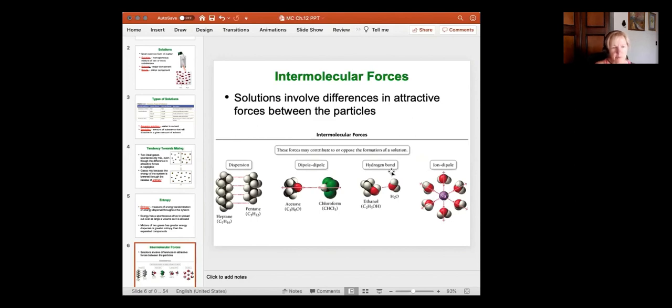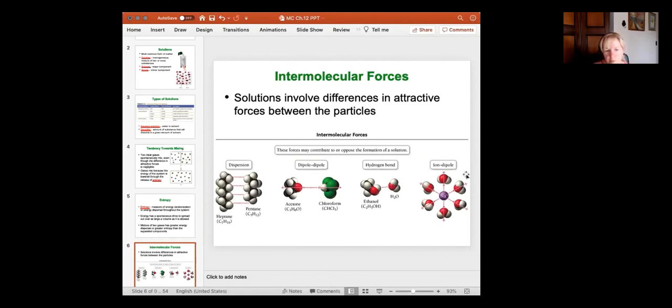Hydrogen bonding is a specific type of dipole-dipole that's kind of misnamed because it's not a bond. It's still an intermolecular force, but it happens between molecules where hydrogen is bound to a highly electronegative element: oxygen, nitrogen, or fluorine. Then you have this association between the hydrogen in one molecule and the electronegative element in the other. That's a hydrogen bond. It's much stronger than a dipole-dipole.